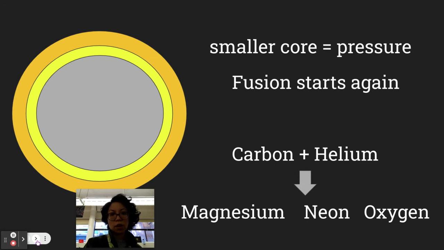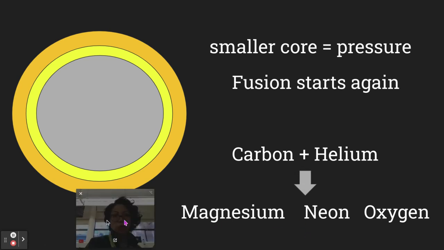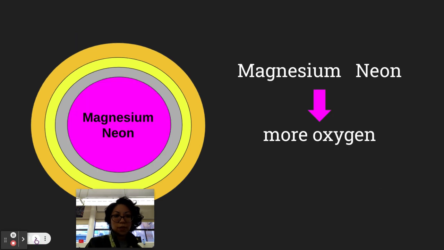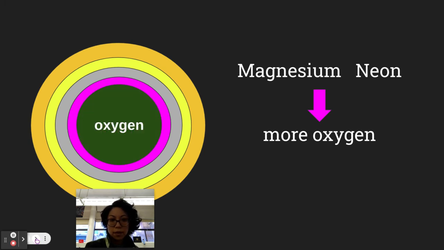Okay, so in this case, carbon and helium make these new elements. Eventually, we run out of carbon and helium, but then magnesium and neon create more oxygen. Okay, and so the core of our star just keeps getting smaller and smaller, where every layer, it leaves behind a little bit of the element that was fusing or going through fusion.